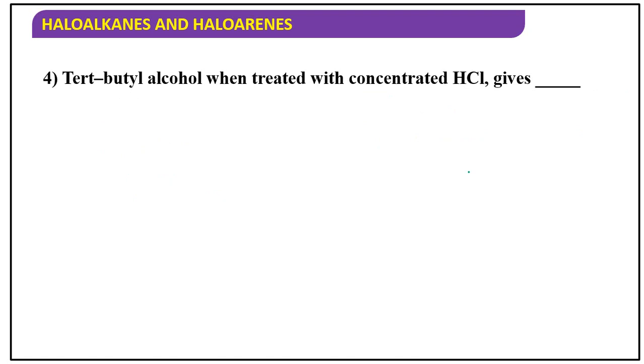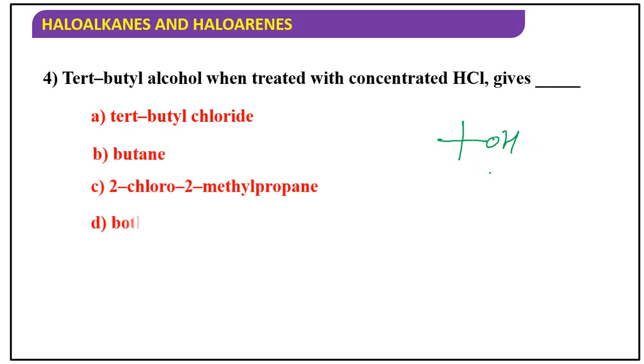Tertiary butyl alcohol when treated with concentrated HCl. Tertiary butyl alcohol means this one, treated with HCl. So protonation takes place, and a tertiary carbocation is forming. Then in that case, chlorine can replace, but at the same time alkene is also possible.